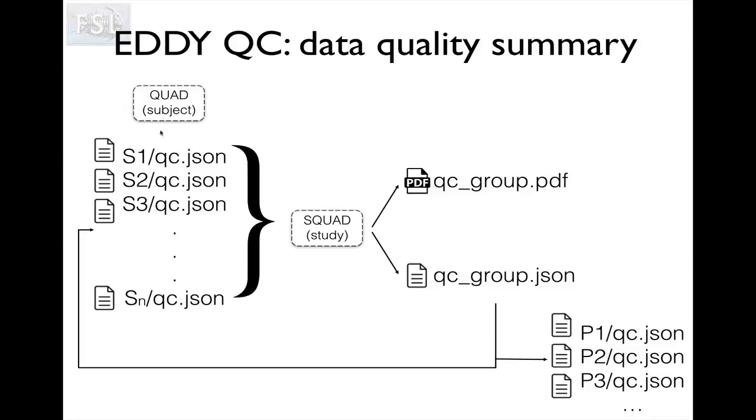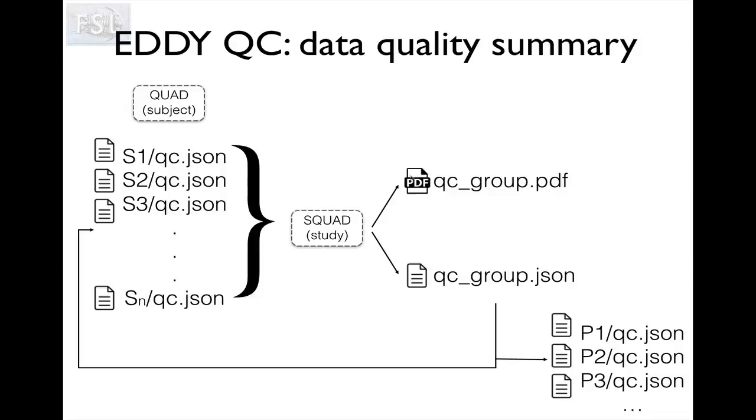What is produced there is a .json file and a .pdf file per subject. The .pdf file is something you can read straight away, but when you've done this for all subjects, you can then feed the .json files into the second level tool, squad, and that is going to collate that information across all the subjects in your study.